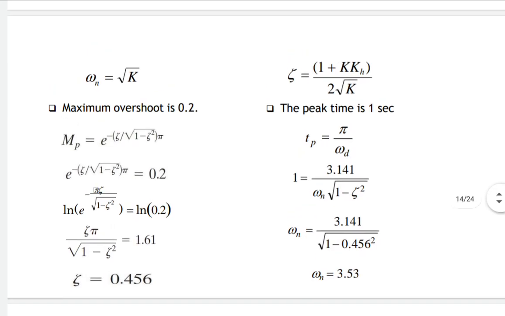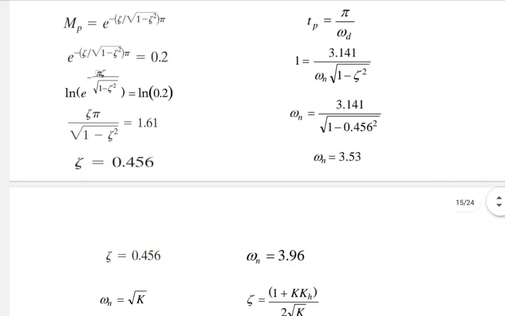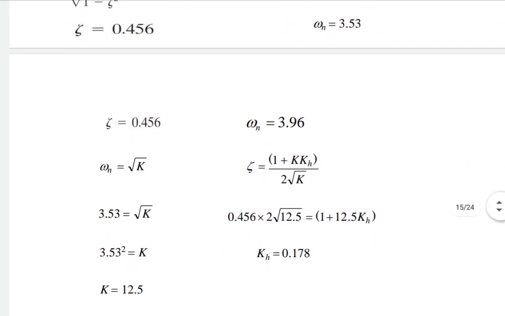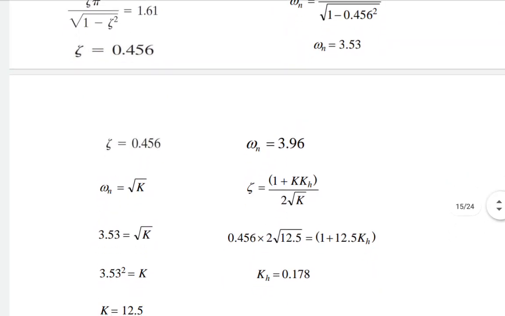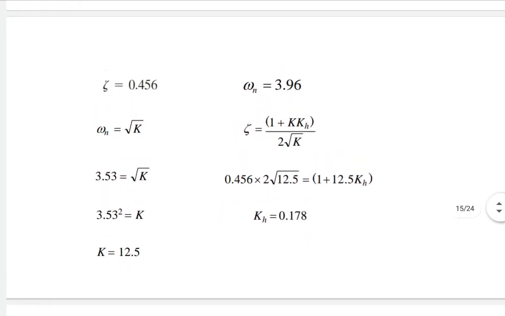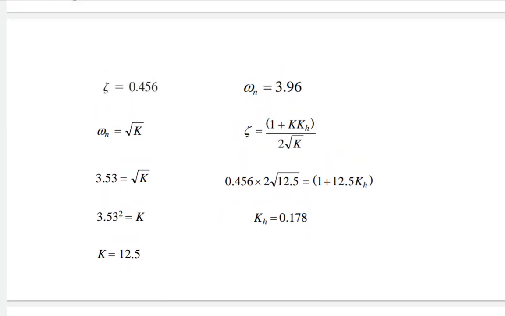Since the peak time is 1 second, Tp = π/ωd, so 1 = 3.141 / (ωn √(1−ξ²)), so ωn generates 3.53 radian per second. Now ξ = 0.456, ωn = 3.96 radian per second. So ωn = root K, so K is 12.5 after substitution.